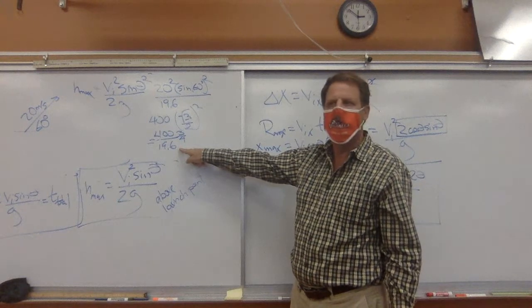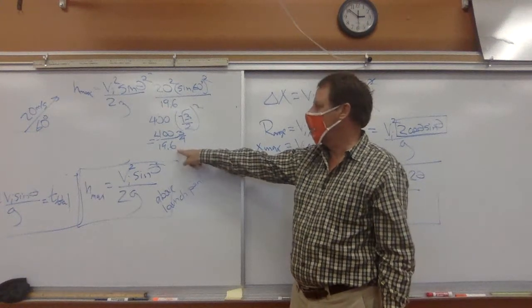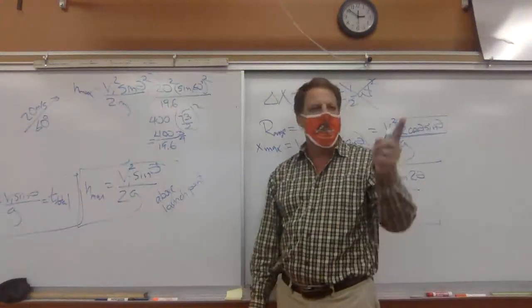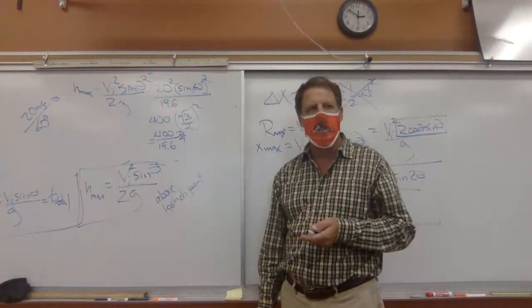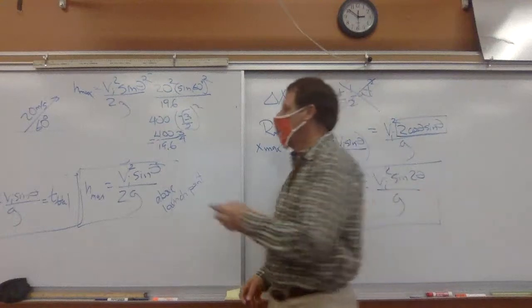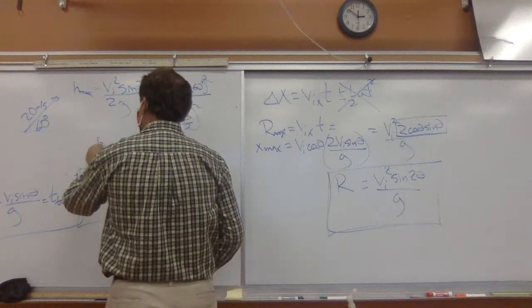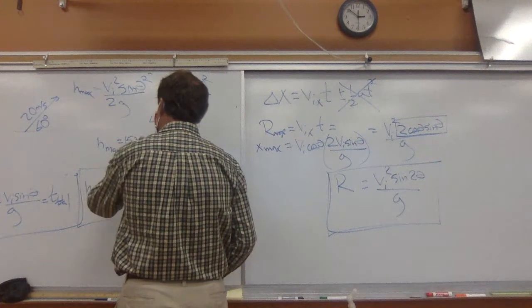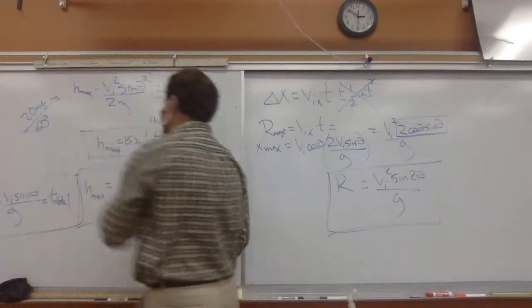Since we're not dividing quite by 20, it's going to be a little bit higher than that. Sam, did you get something? 15.3. Okay, so our H max is equal to 15.3 meters.